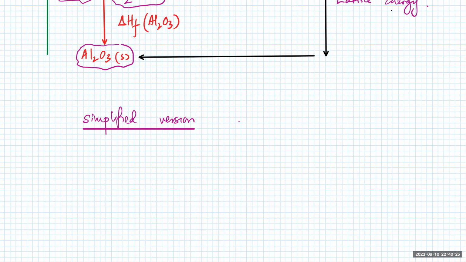So I've got aluminium, solid elements forming aluminium oxide. And there are 3/2 O2 and 2Al solid.